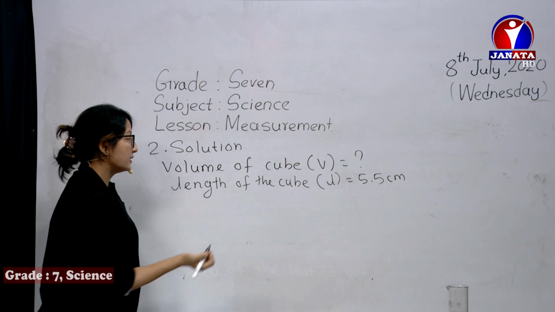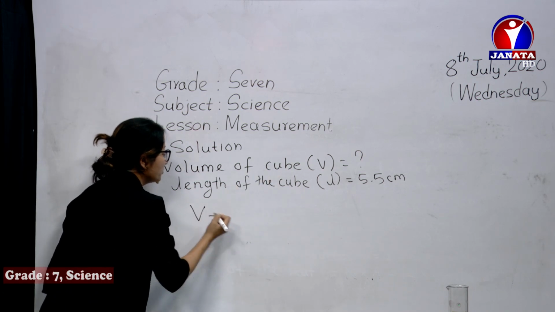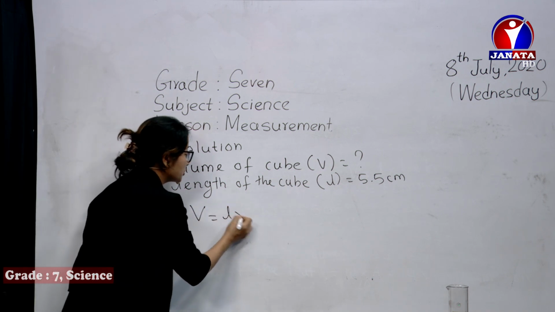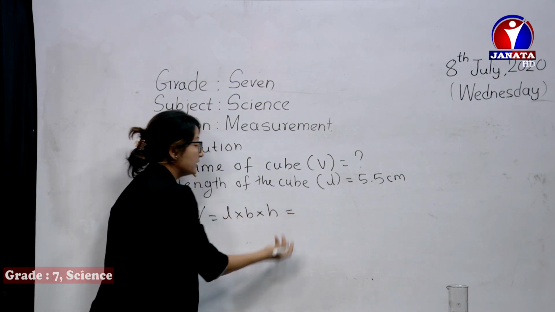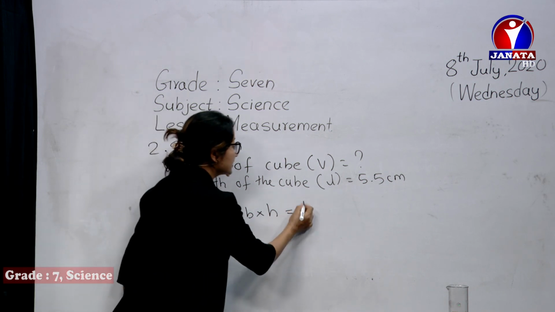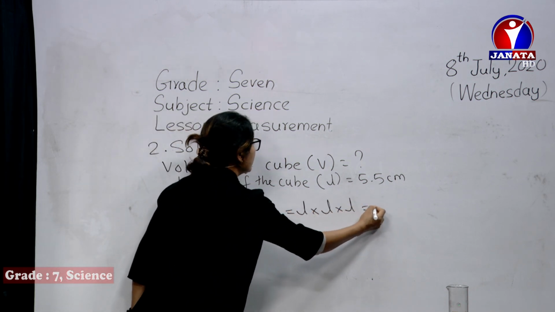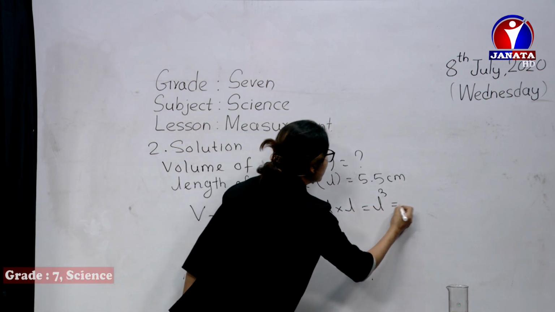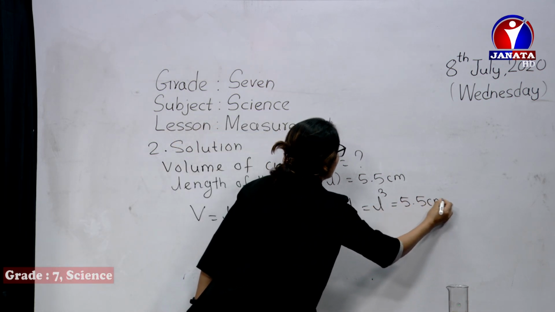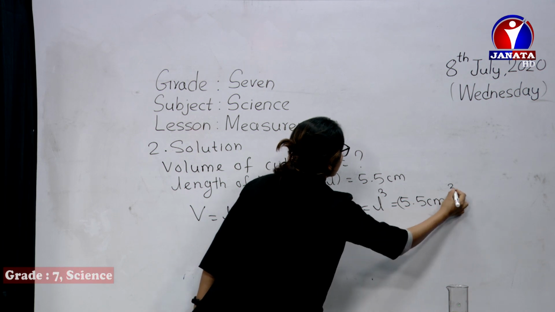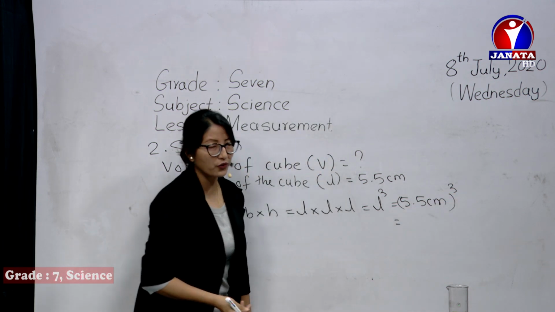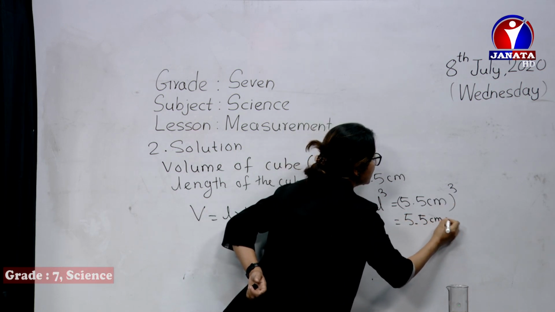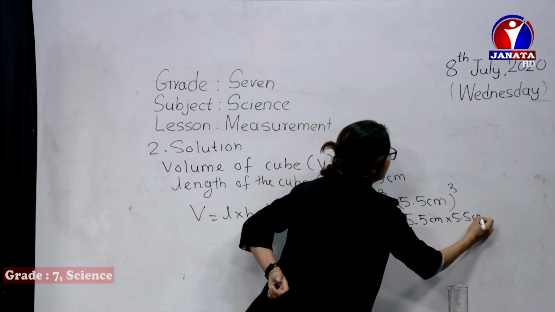As usual, the formula to calculate volume is length into breadth into height, and here all sides are equal, so it's length into length into length, that is L cube. When we put the value, 5.5 centimeter cube means 5.5 centimeter into 5.5 centimeter into 5.5.